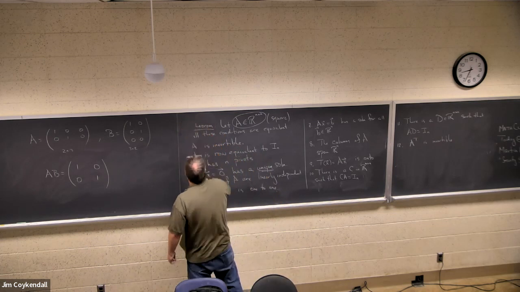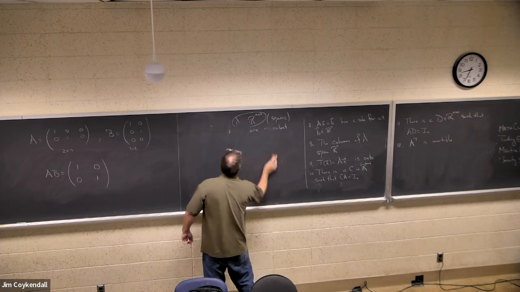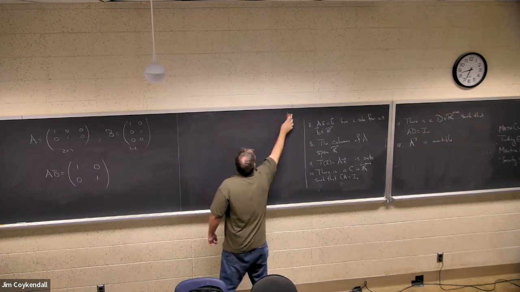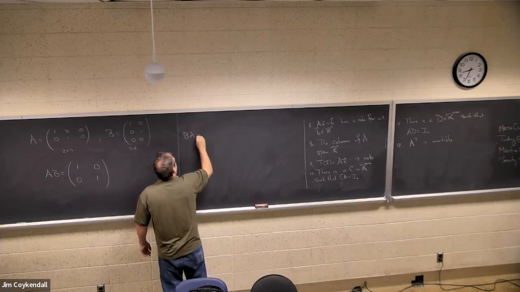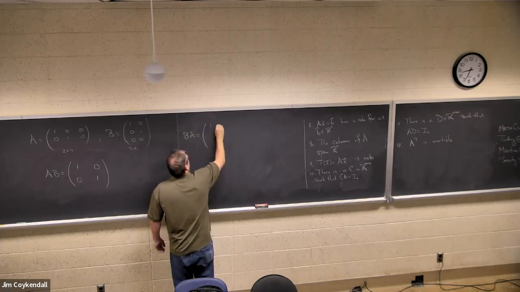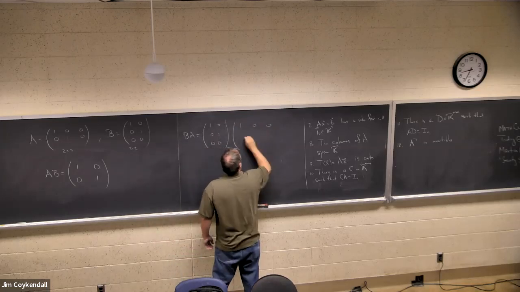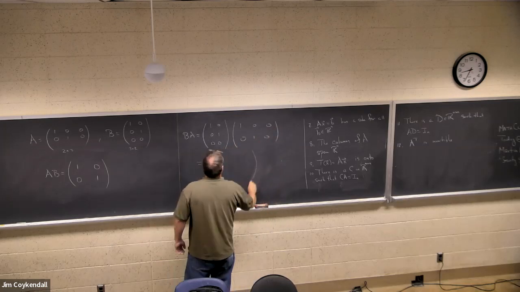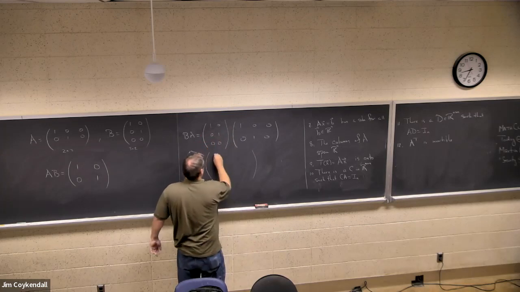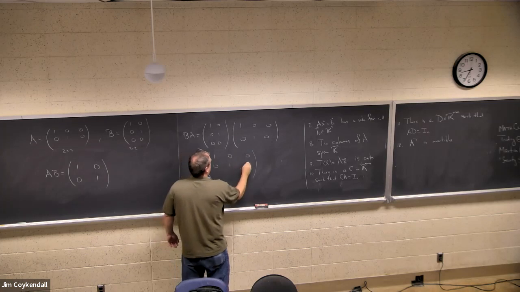In the other direction, do BA. This is now going to be a 3 by 3 matrix. 1, 0, 0, 0, 1, 0, 0, 0, 0.